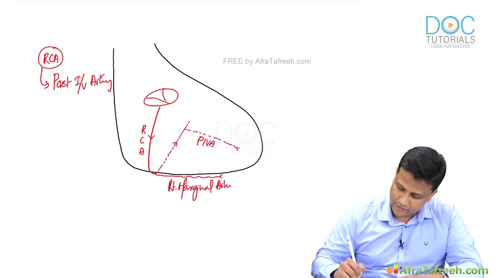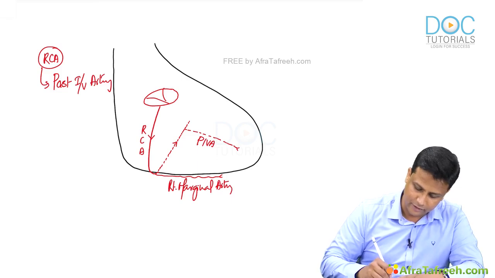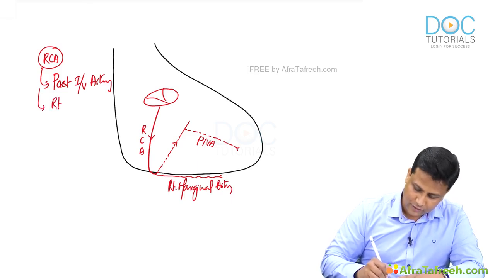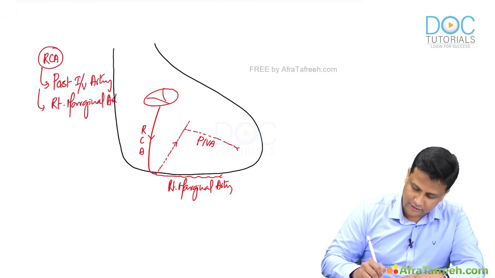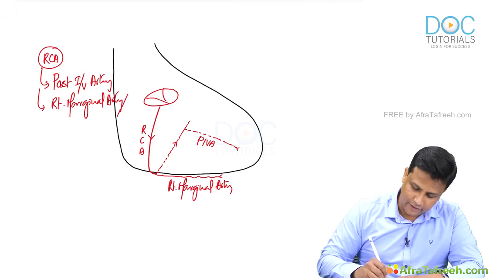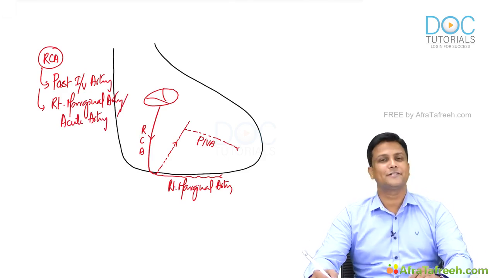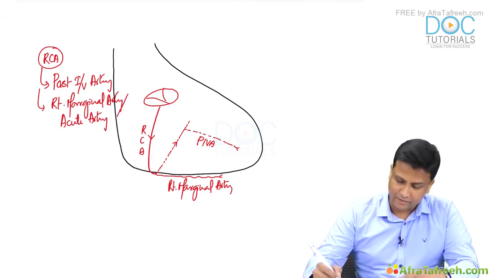So along this margin, it will be the right marginal artery, guys. So let us simultaneously write down the notes also. The right marginal artery is a branch of which one, guys? The right marginal artery is a branch of the right coronary artery. And the same right marginal artery is also known as the acute artery. Another name of this one, it is also known as the acute artery, guys. Done. That's all.